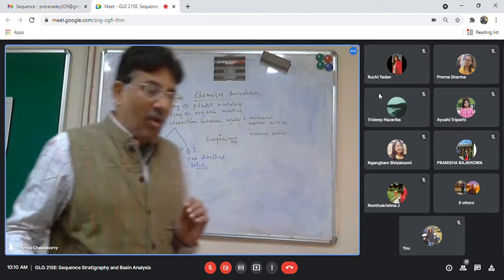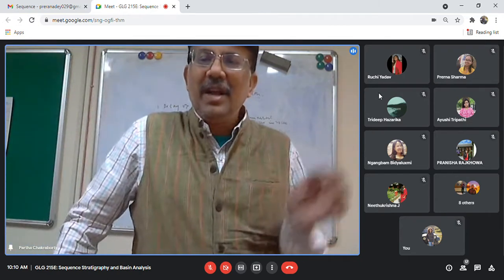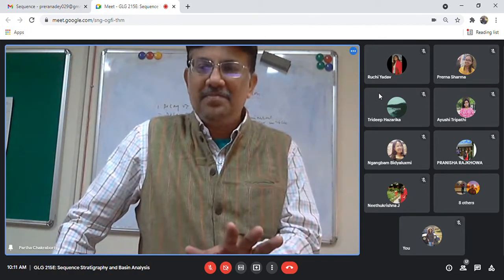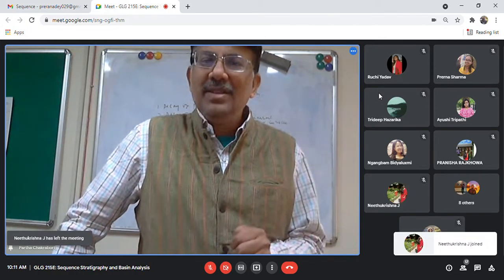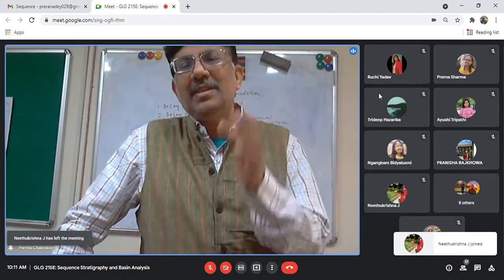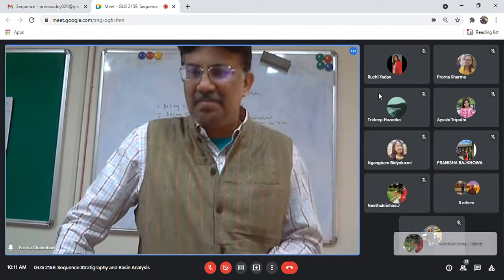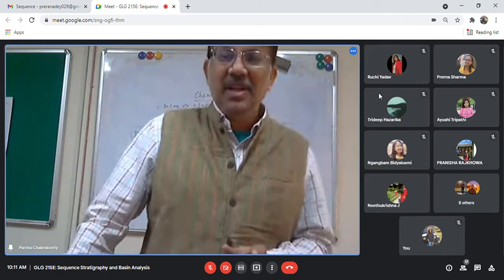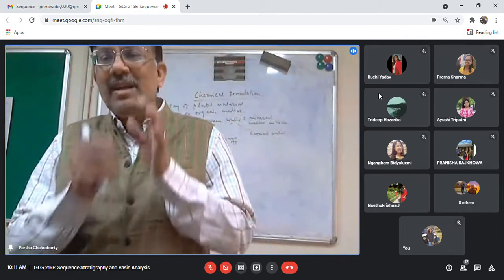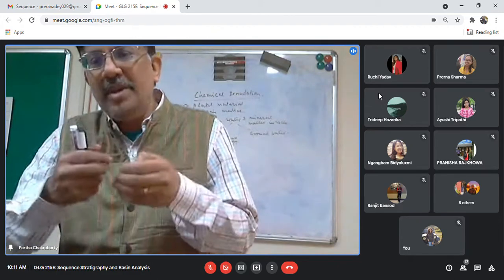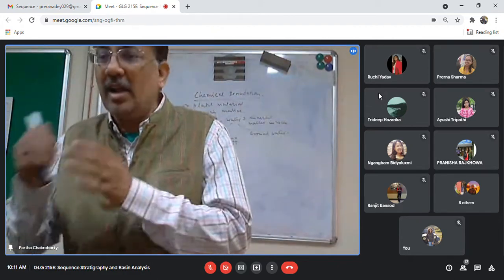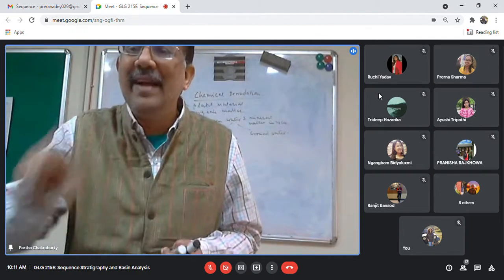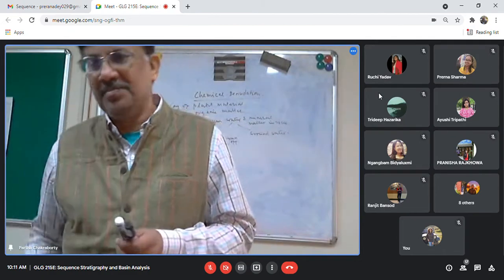Now, when the water comes into contact with mineral, what will happen? The water and mineral will establish an equilibrium system. And if it attains an equilibrium system, then the mineral will go into dissolution in the water, because the water is unsaturated with respect to the mineral at that temperature condition.